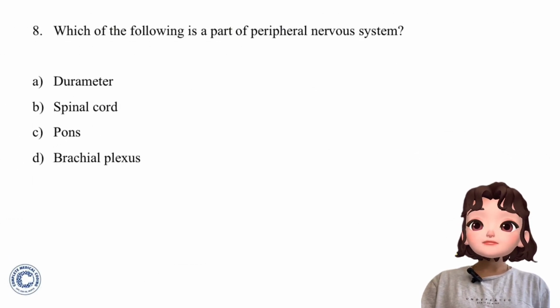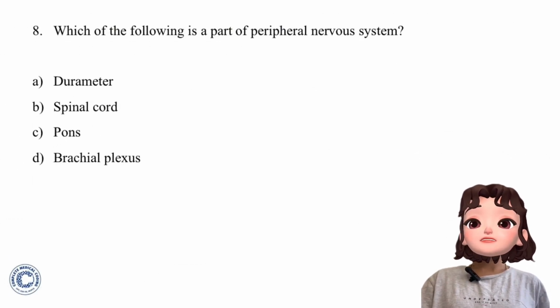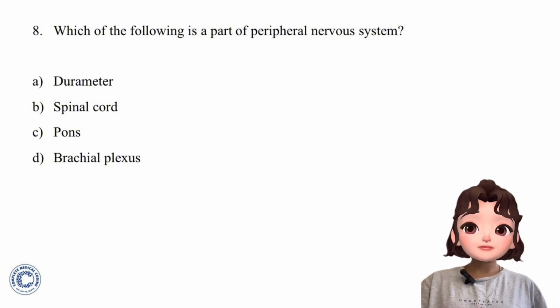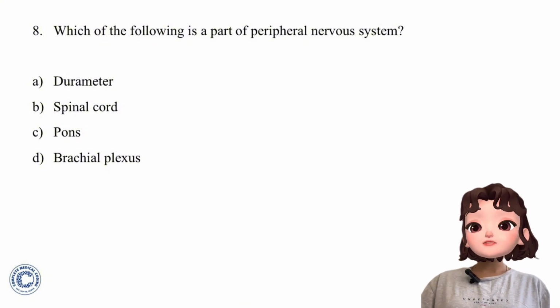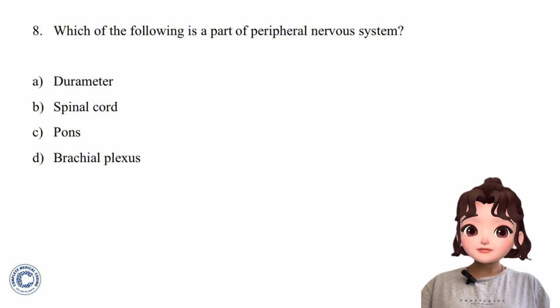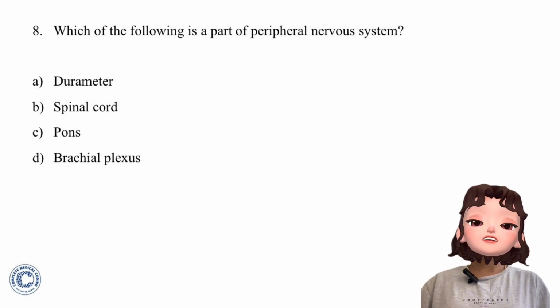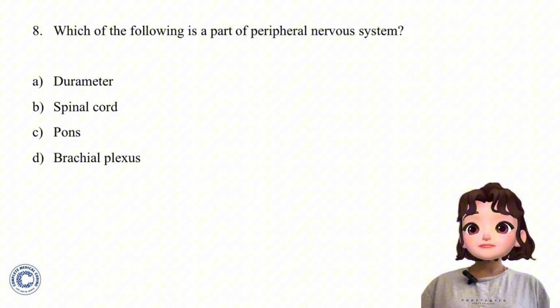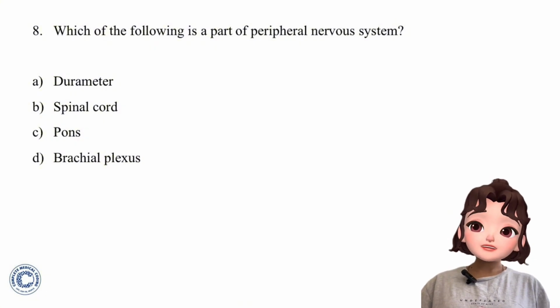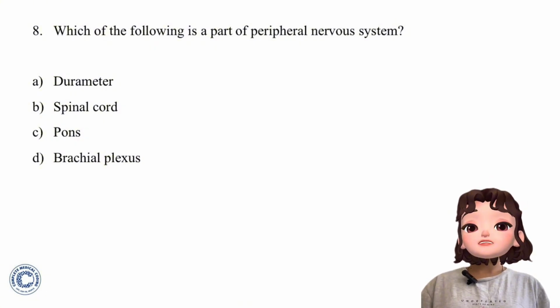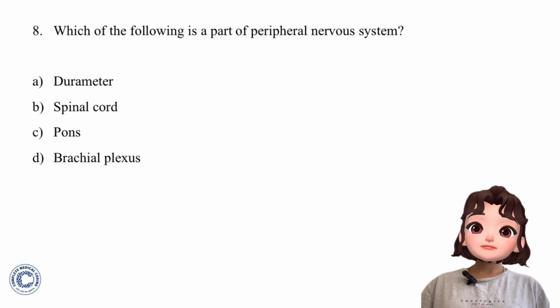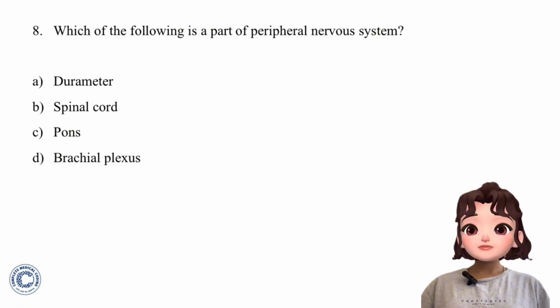Now 8th question. Which of the following is a part of the peripheral nervous system? As you know, the nervous system is divided into two parts: central nervous system and peripheral nervous system. Among the options given, which is a part of the peripheral nervous system? That you have to find out.